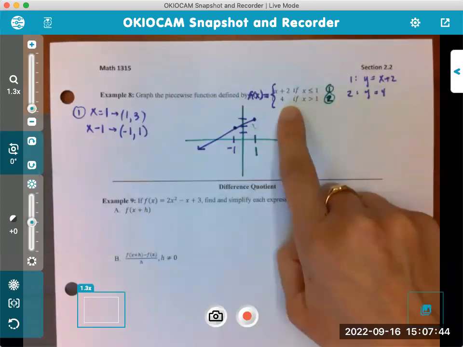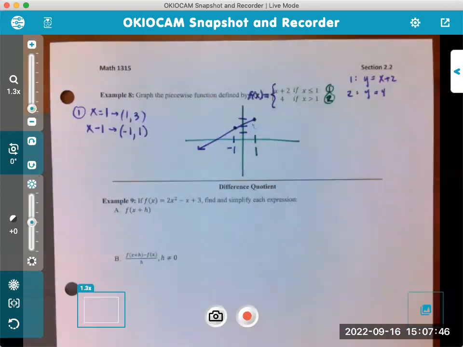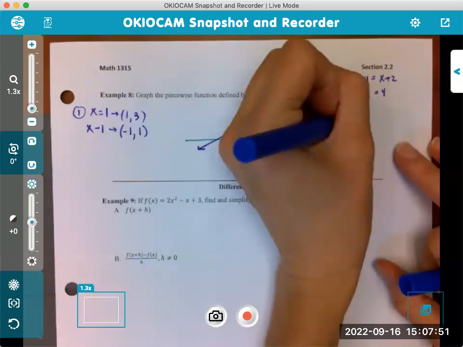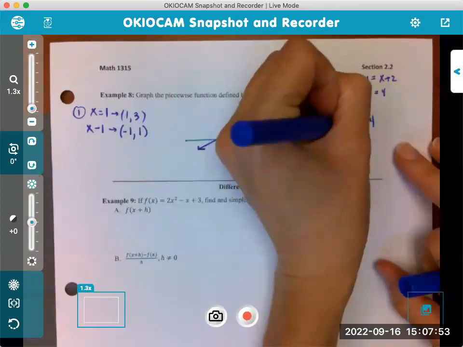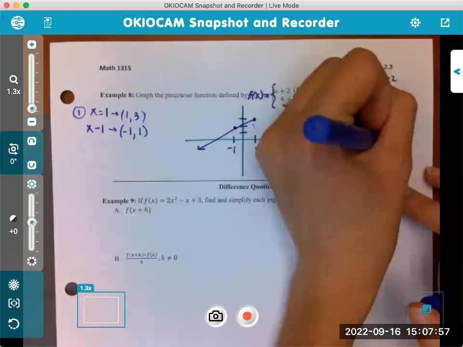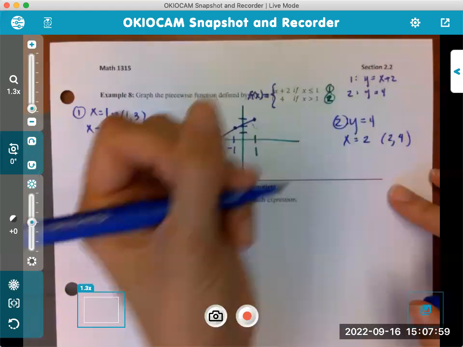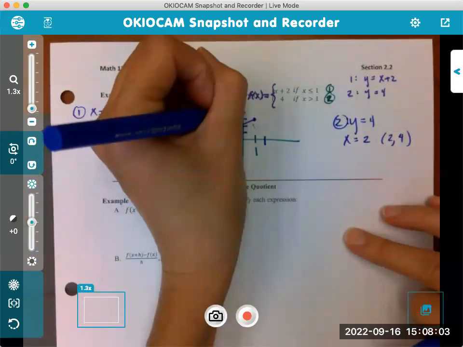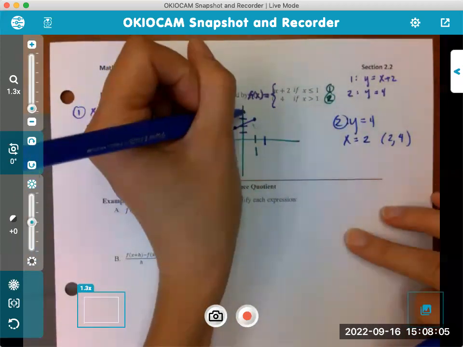So here at 4, well, there's nothing really to work with. Rule 2, like it says, is just y equals 4. So if x equals, say, 2, well, then we have the point 2 comma 4 because that's what that means. So here's 2 and then here's 4.